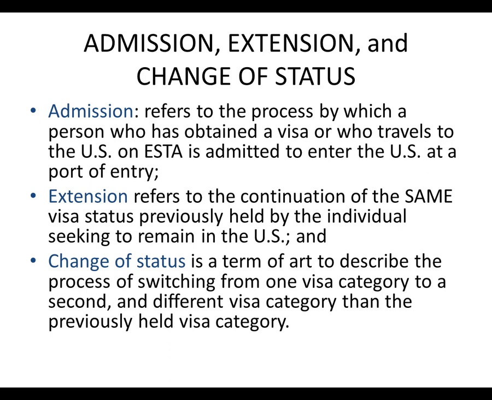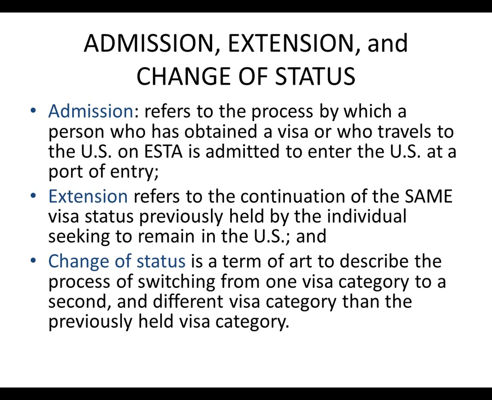It will be backdated so that there is no gap in the authorized period of stay. But the key here to remember is that the extension of status must be applied for before the expiration of your current authorized stay under the B1 or B2 visa.